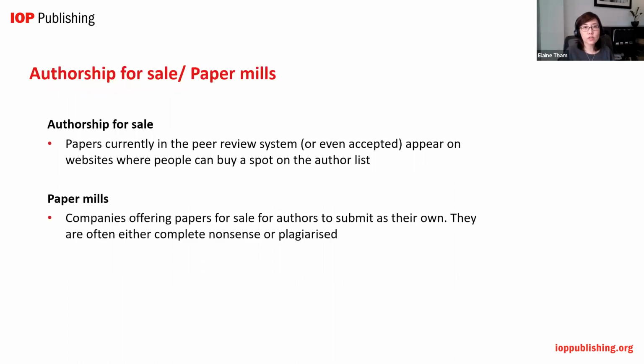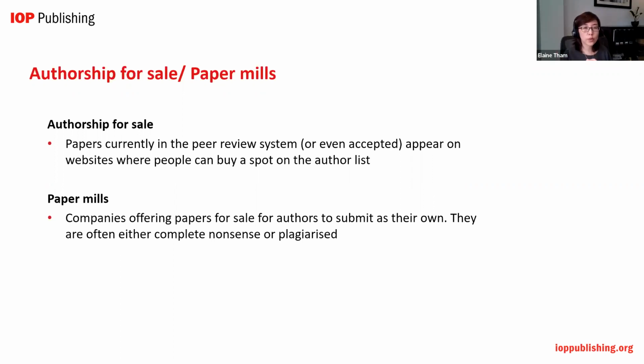Now, a variation of this is authorship for sale. This could involve real papers in the system before publication, where people can pay for a slot on the author list and get an instant publication under their name. Our editorial teams will be very cautious about new authors being added at a late stage of the review process, prior to acceptance, or sometimes even post-acceptance.